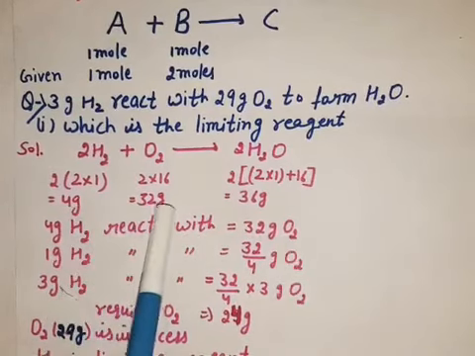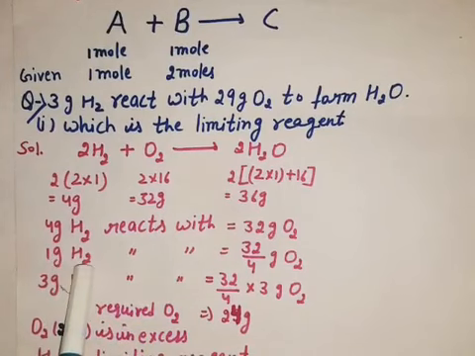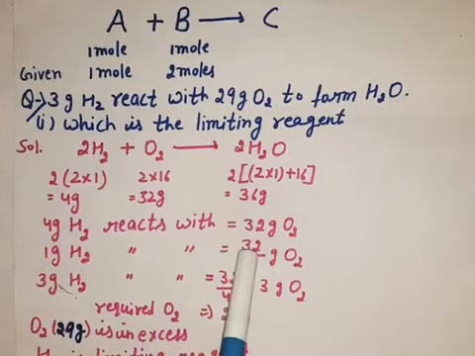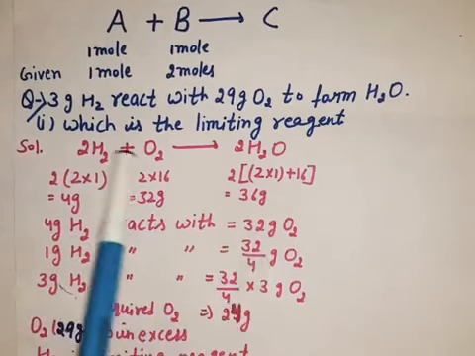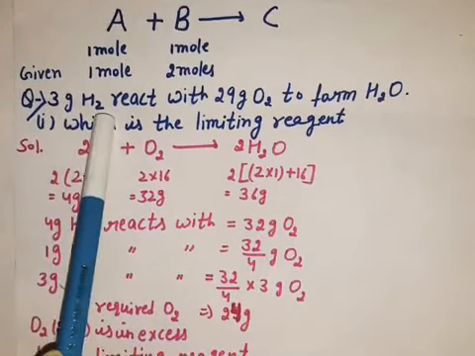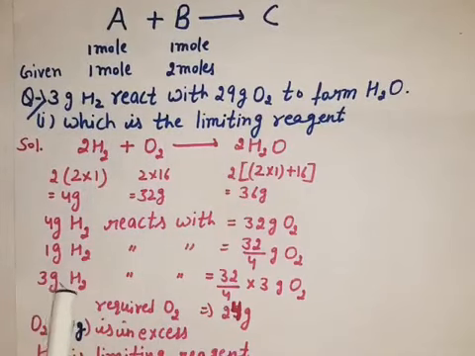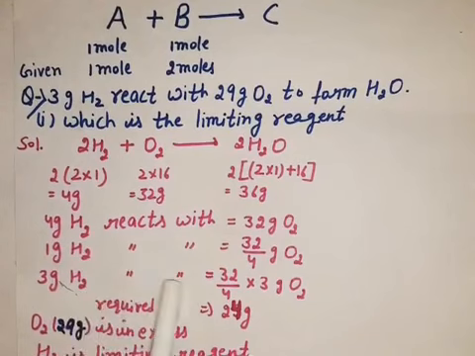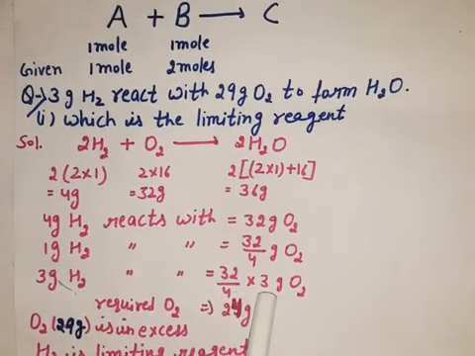Now we will move to the next step, that is that 4 gram hydrogen reacts with 32 gram of oxygen. Here we will use the unitary method. So 1 gram hydrogen reacts with 32 divided by 4. In the question, 3 gram hydrogen reacts with 29 gram of oxygen. So we want to find out that 3 gram of hydrogen reacts with 32 divided by 4 into 3 gram of oxygen, which is equal to 24 gram.